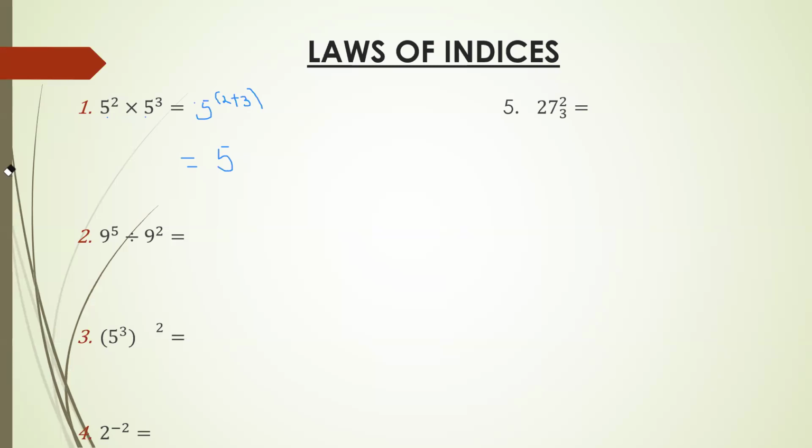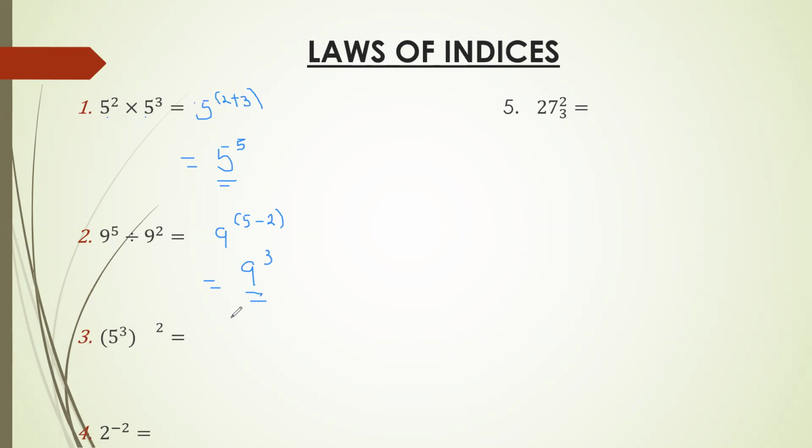So you'll have 5 power 5. Now if you're dividing, we have same bases 9 and 9, and we're dividing. So what you usually do is subtract the powers. So you take 5 minus 2, having your answer as 9 power 3.